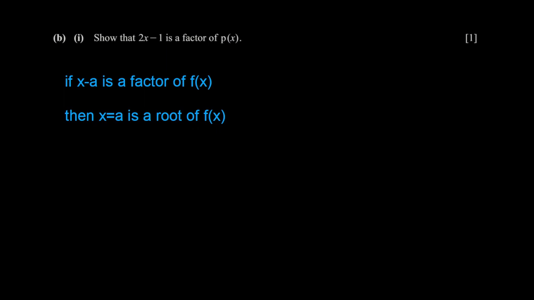We should probably state what a root is for those of you who are not sure. If f of a is equal to 0, then a is a root of the polynomial f of x. In other words, a root is an x-intercept, the value where the function is equal to 0.